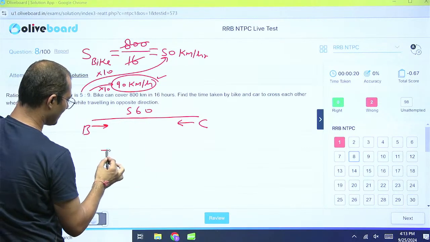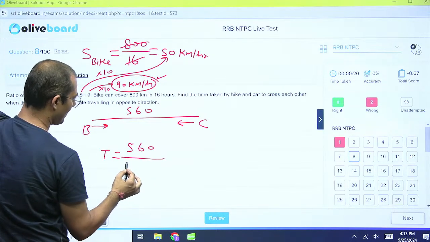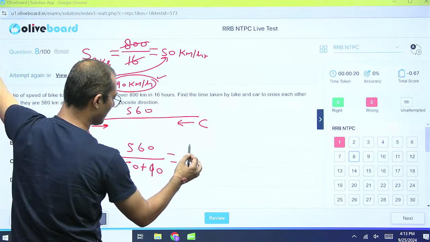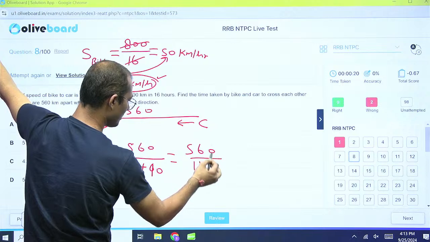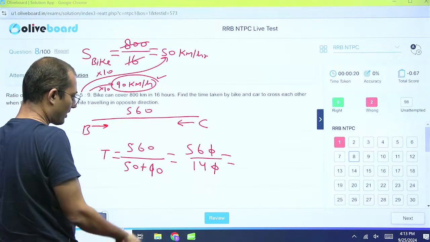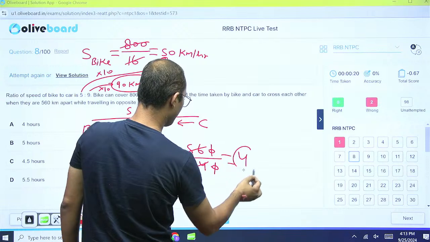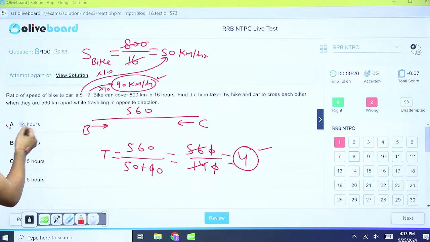The time would be 560 divided by 50 plus 90, which is 560 divided by 140. Cancel the 0s, 14 times 4 is 56. So 4 hours is the right answer. Option A would be the right answer.